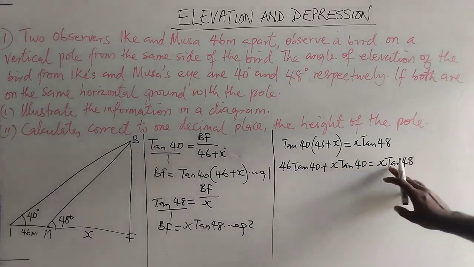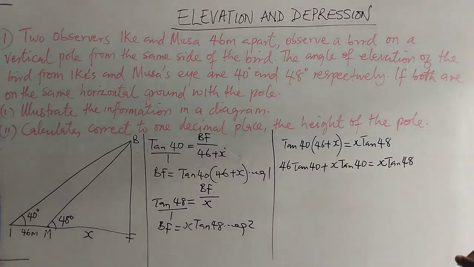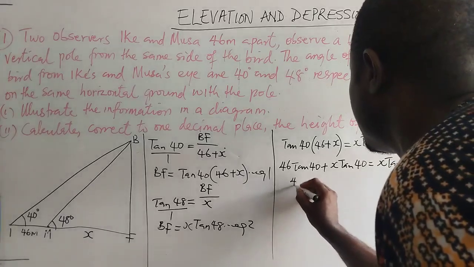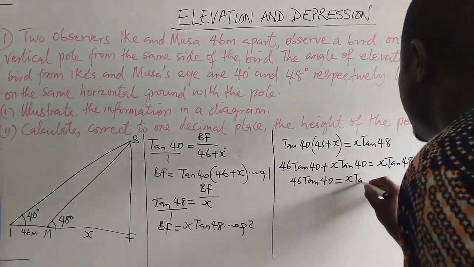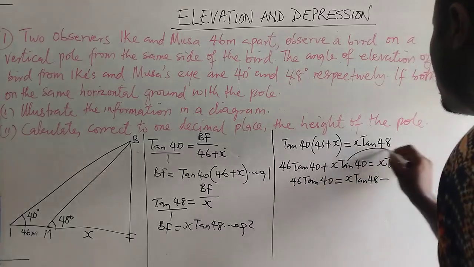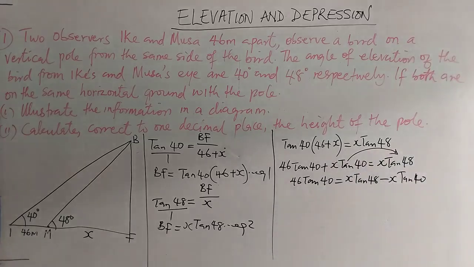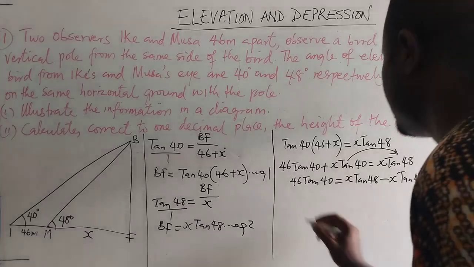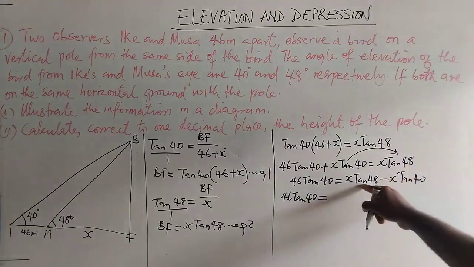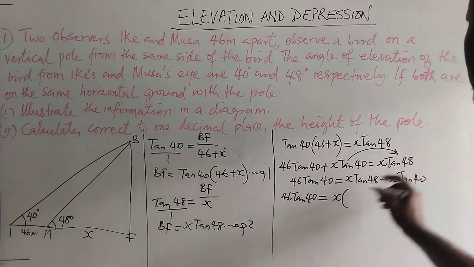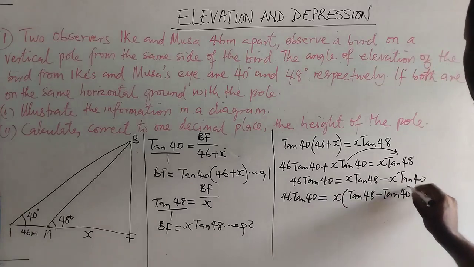We have x this side, we have x this side. So the next thing is to collect like terms. So we have 46 tan 40 equals x tan 48 minus this one will come over, x tan 40. Good. The next thing is 46 tan 40 is equal to, you factor this, x is common, then tan 48 minus tan 40.